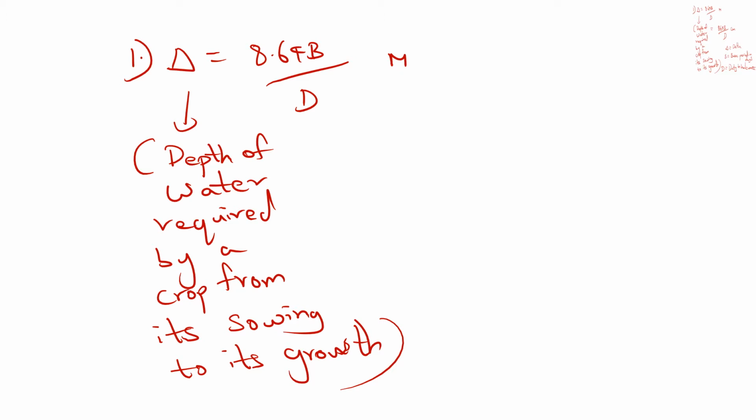The depth of water required by that rice from its sowing to its growth is called delta. If you are expressing it in meters, then it is 8.64 B divided by D, and if you are expressing it in centimeters, then it is 864 B divided by D in centimeters.